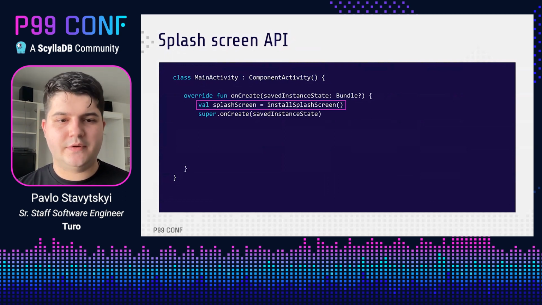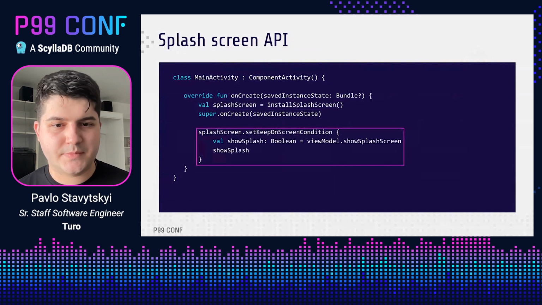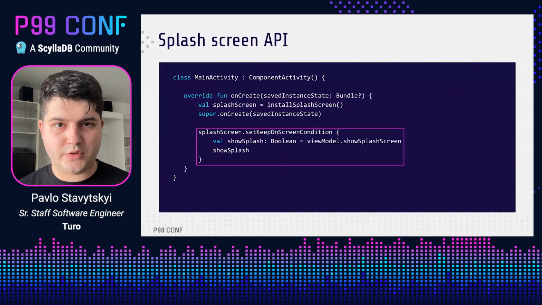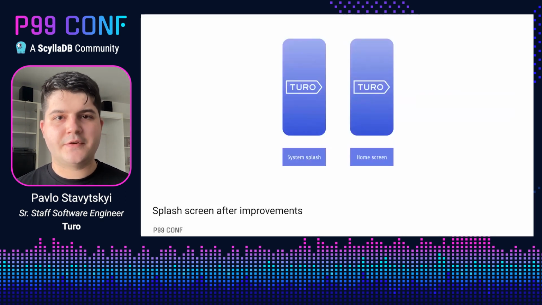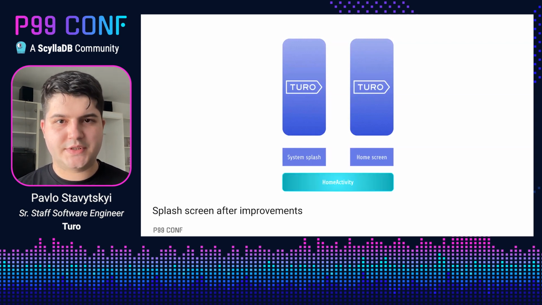And optionally, if you want to control the duration of the splash screen, if you want to prolong it for some time, you can use the set keep on screen condition callback, where you will define explicitly when should you close the splash screen. So after the integration, as you can see, the number of steps significantly decreased. And moreover, all of this is happening in the same home activity, which means that we are avoiding a bunch of allocations and making the process more intuitive, which is already a good improvement.